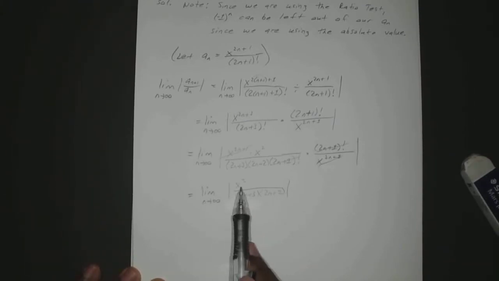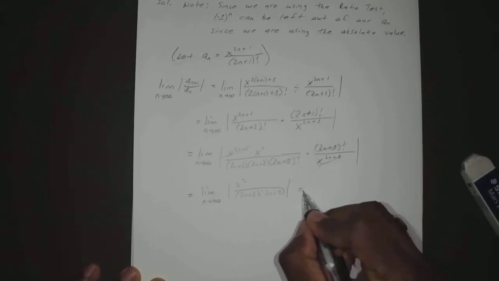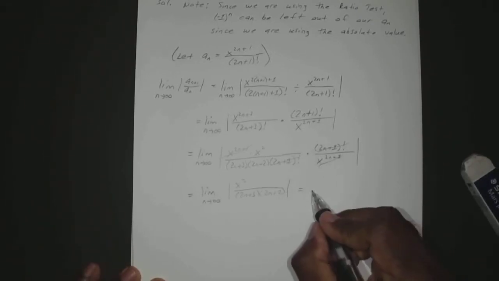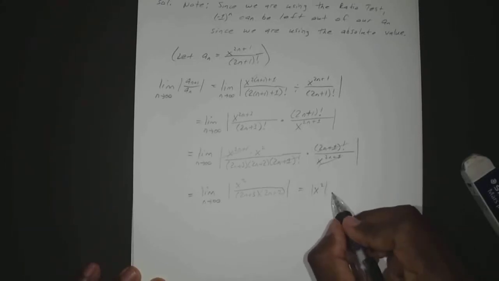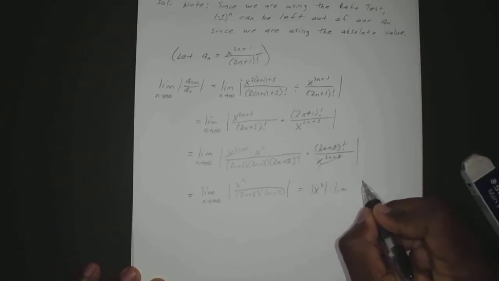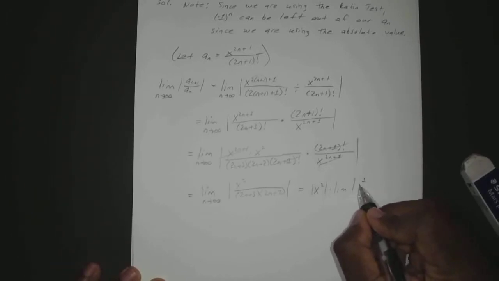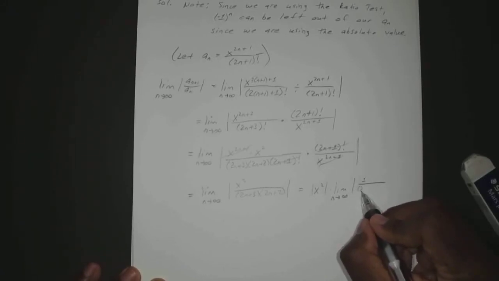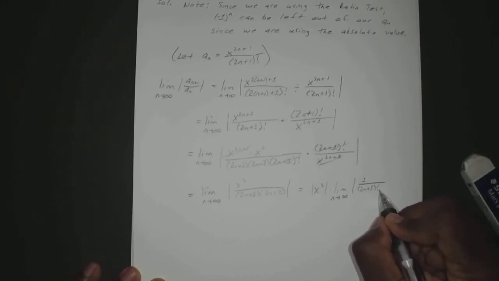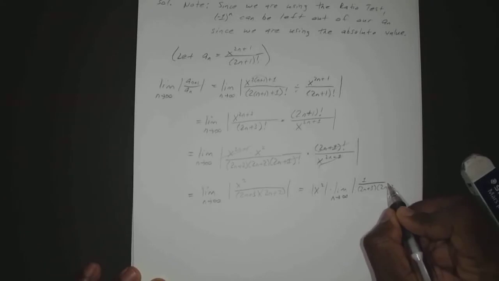Okay, so we can take the absolute value of x squared and bring that right out to the front, since we're only going to be changing the n values. So you have the absolute value of x squared times the limit as n approaches infinity of 1 over 2n plus 3 times 2n plus 2.